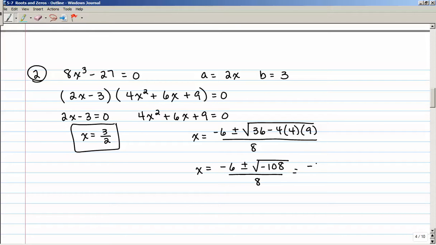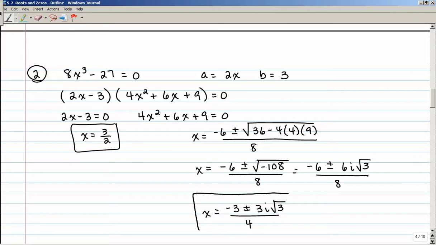That simplifies to negative 6 plus or minus 6i square root of 3 over 8, and then dividing all of my coefficients by 2, x equals negative 3 plus or minus 3i square root of 3 over 4.